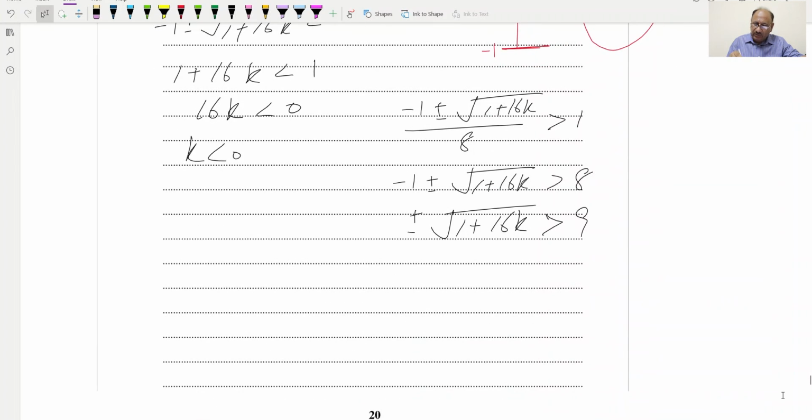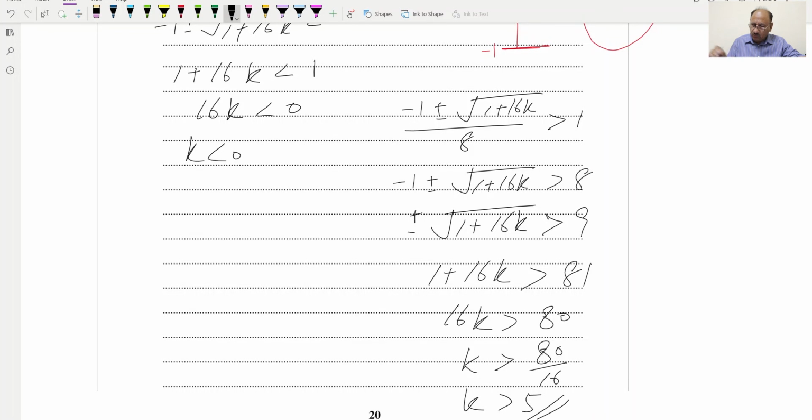And now we can take the square, so after taking the square the plus minus will go and this will be 81, and 16k is greater than 80, and then k will be greater than 80 by 16, so k is greater than 5.